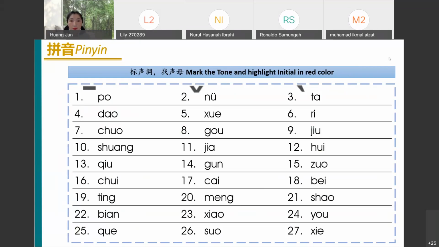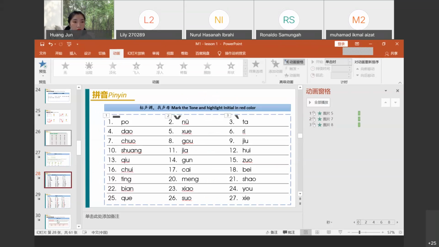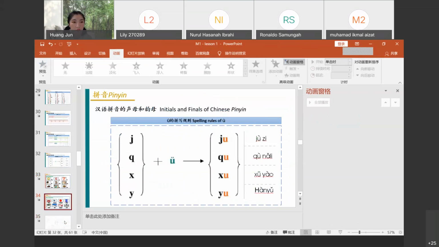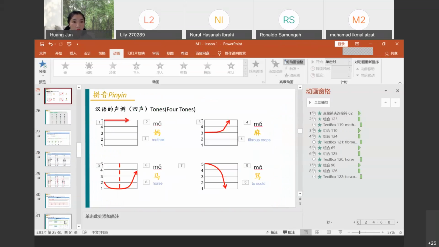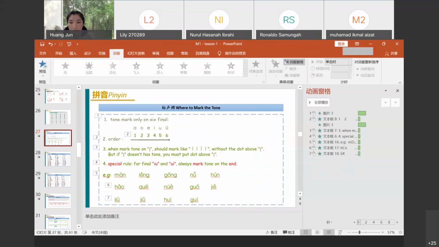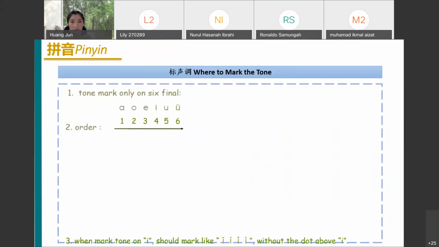In case some students forget the rules for how to mark the tone, I will put the rules inside our group. I will take a photo of this one and put it in our group, so you can check.